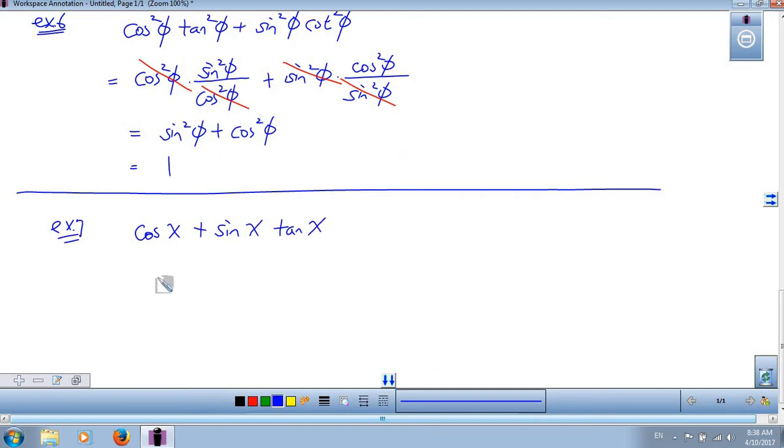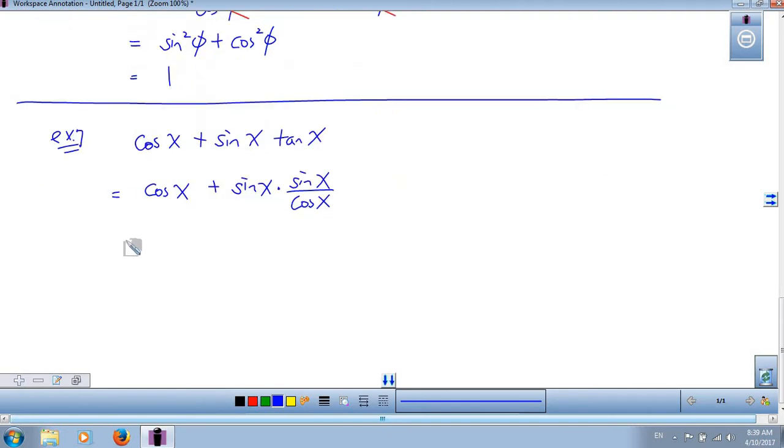How do we simplify this expression? There are several ways we can approach this, but generally speaking, we want to convert them into something that we can deal with. Now, sine times tangent, I don't remember anything to do with sine times tangent in our fundamental identities, but I remember tangent is written as sine over cosine. So this can help us combine terms a little bit.